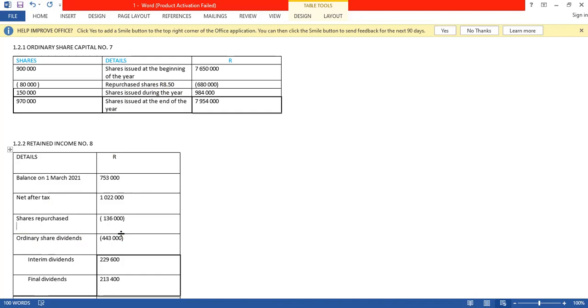So for us to get this one, we said 1 rand 70 cents, then we multiply by 80,000 shares, right? This is how we got all of this. This is how we got 110 and 136,000.